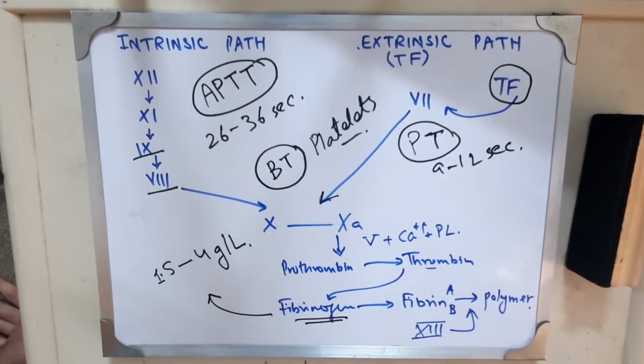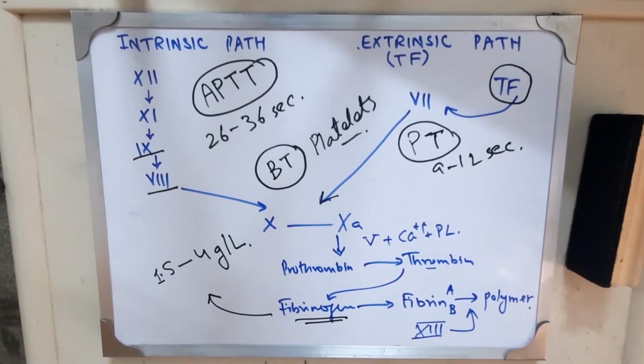Bleeding time will be prolonged only if there is a low quantity of platelets or a functional defect in platelets. Fibrinogen levels are deficient only in liver disease, in which its synthesis is decreased, or in DIC, in which there is increased consumption of fibrinogen due to microthrombi formation.